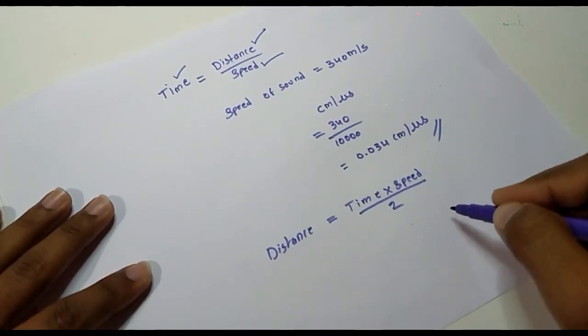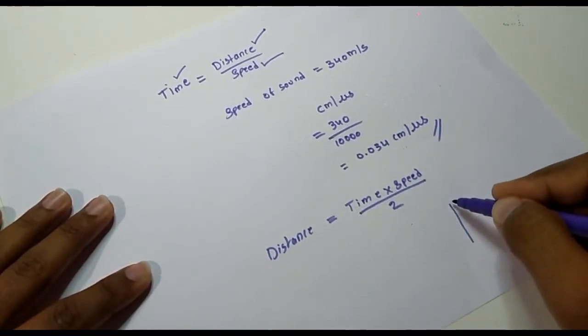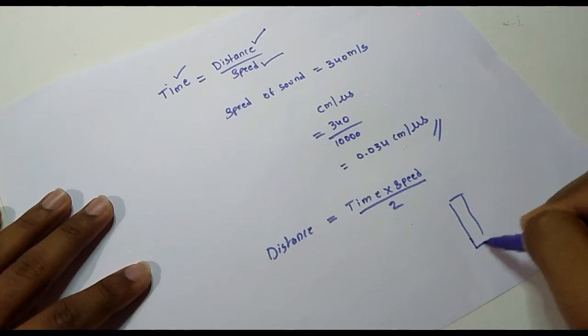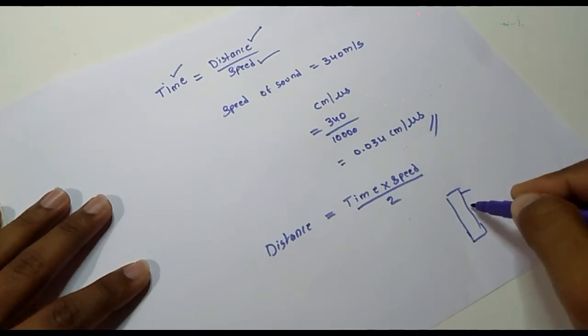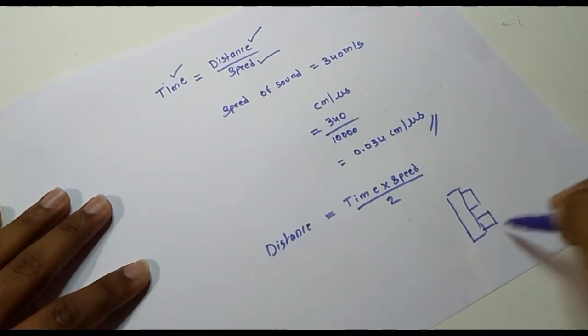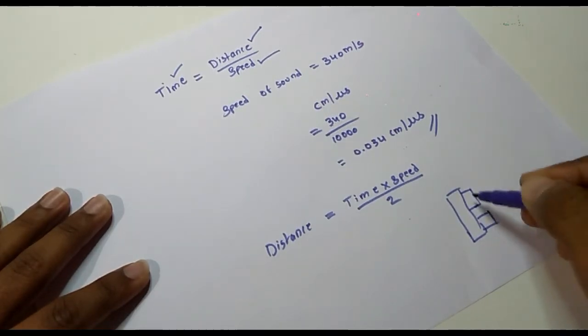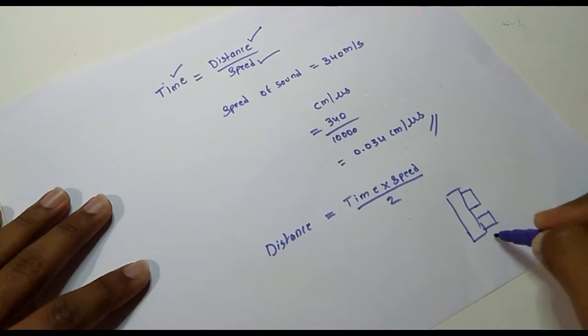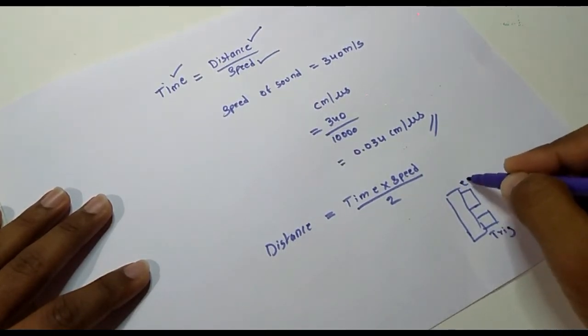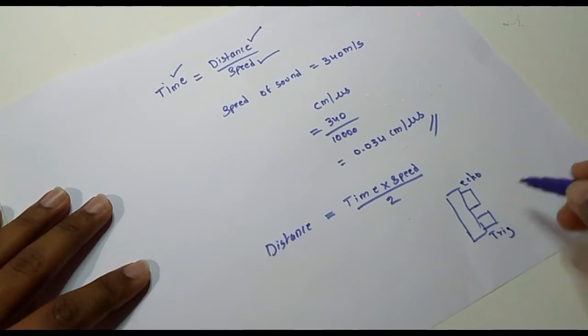See, assume this is an ultrasonic sensor. You can see the two main components in the ultrasonic sensor. One is trig, another is echo. We know that trig transmits waves, or you can say emits waves. There is an object.